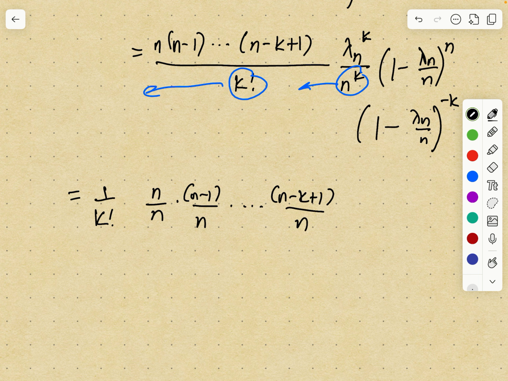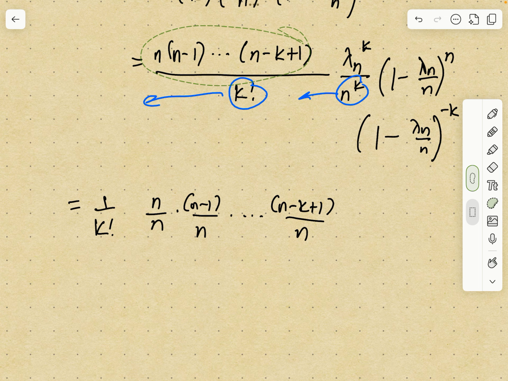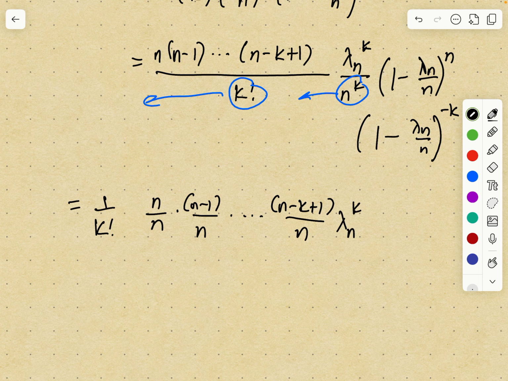So notice when we're doing this that we actually have k terms that are being multiplied. Okay, and then you have lambda sub n to the k times 1 minus lambda sub n over n to the n times 1 minus lambda sub n over n to the minus k power.